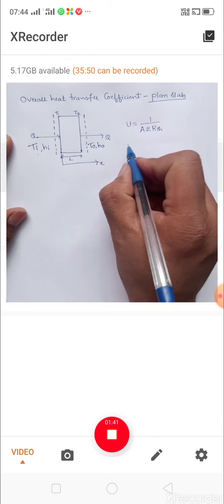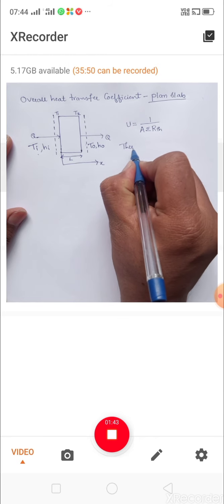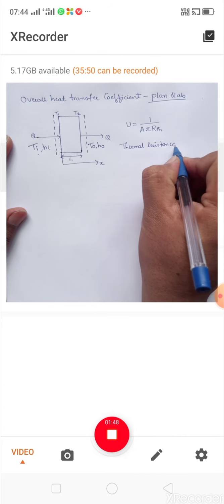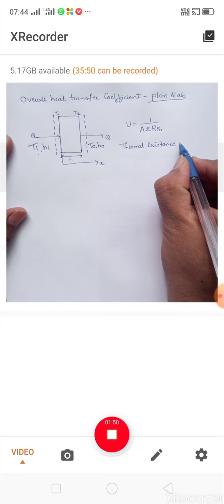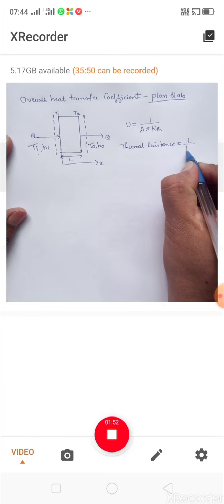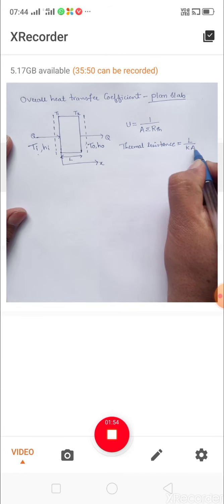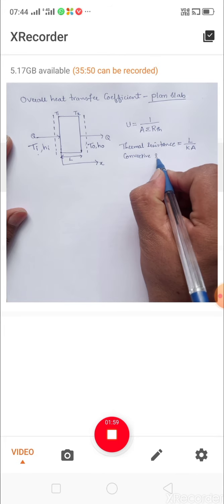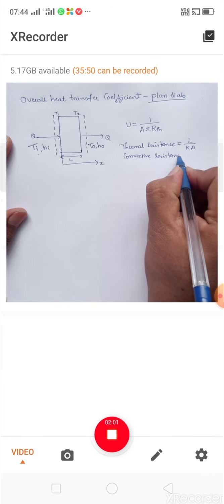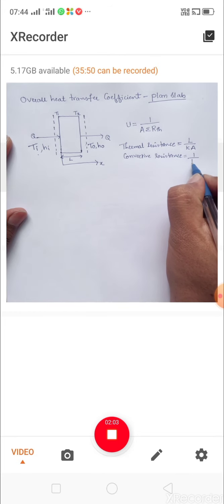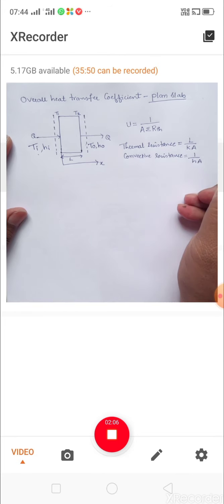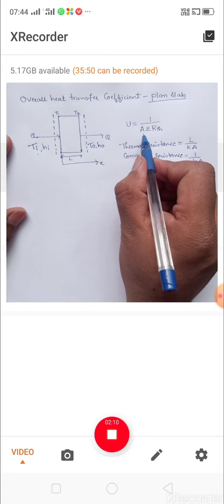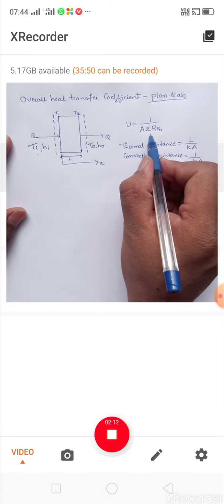So note that the thermal resistance for the plane slab is given by L divided by K into A, whereas convective thermal resistance is given by 1 divided by H into A, where A is the area of heat transfer perpendicular to the direction of heat transfer.